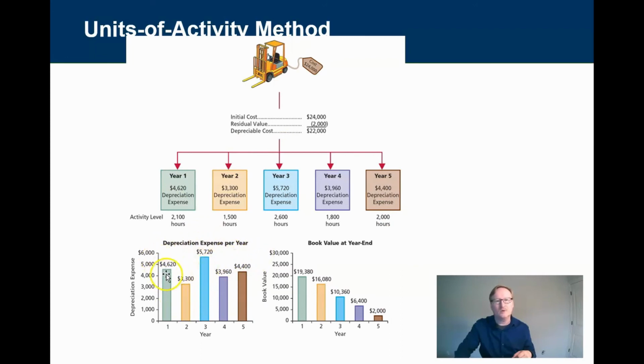So this year we wrote off 4,620, that year it was 33, and this one is 5,720. And you'll see that this is kind of straight across, right? But you'll look over here on my accumulated, my book value. The book value is still going down. It's just not going down at a specific amount each year. It's going down by how much we've expended it, right?